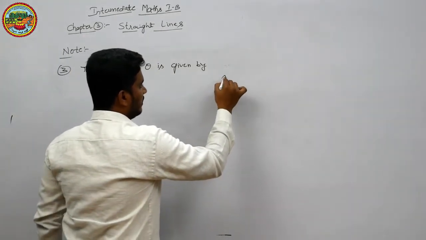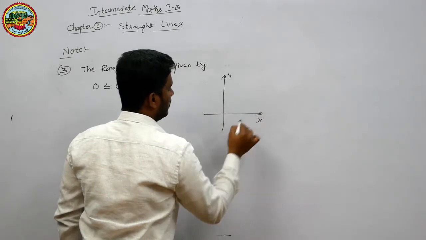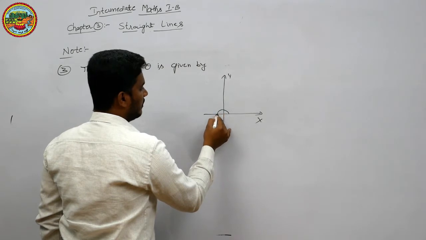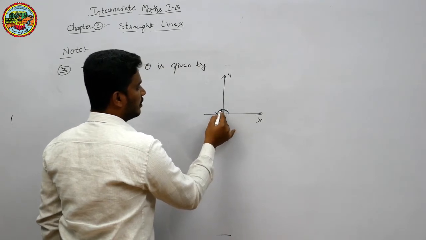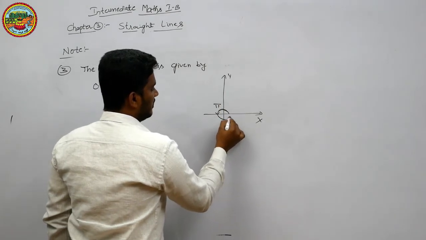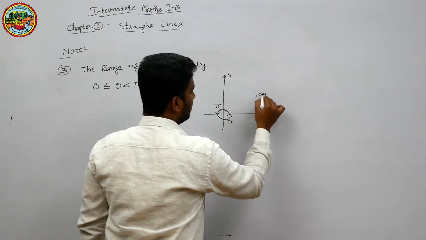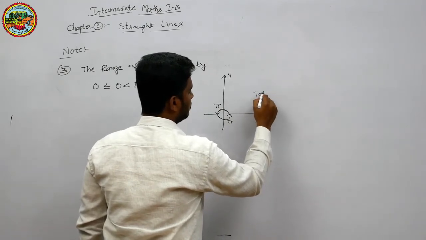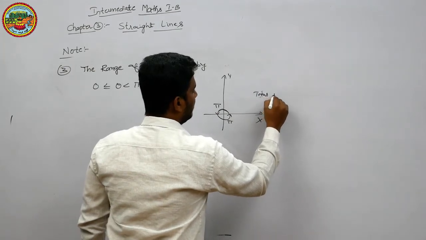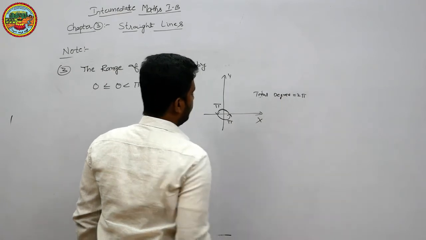So here in a plane with the x-axis and y-axis, the total angle is equal to 2 pi.